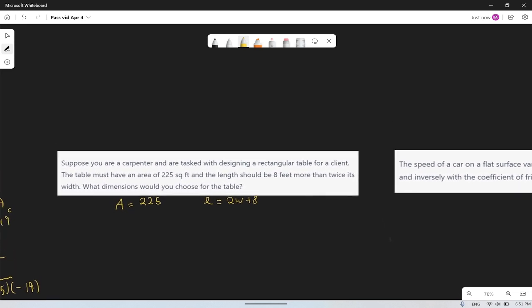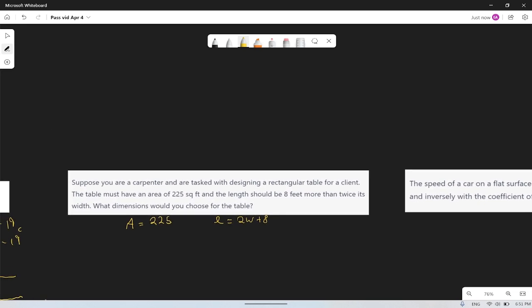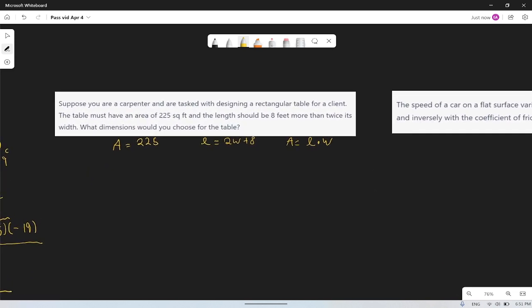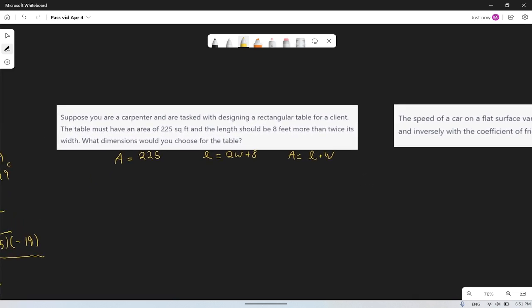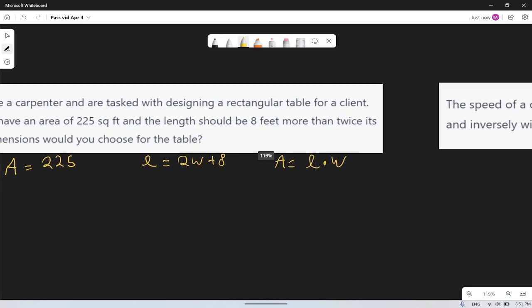So we know that the area of a rectangle is the length times the width. So what we're going to do is substitute into one of these equations. So we know the area is the length times the width, and then we also know that the length equals 2W plus 8, so we're going to substitute that in.